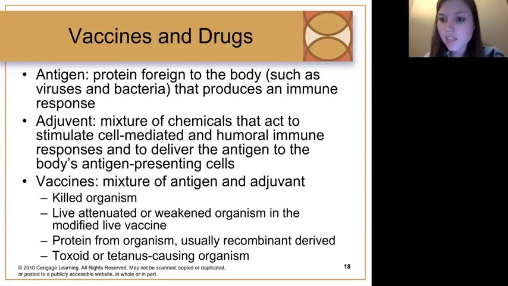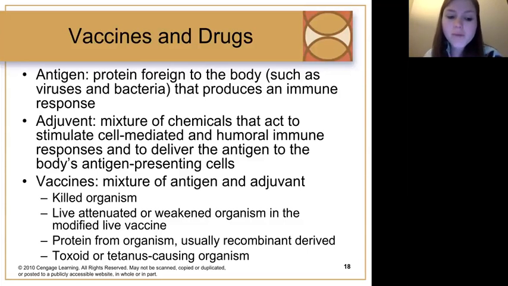If it's an organism that is really pathogenic and can cause disease very quickly and is hard to control, you obviously don't want to inject an animal or a person with the full version of that, let's say, virus. So a killed organism, even though it's killed, your body will still recognize it as foreign, and it will respond, and it will still remember that organism should you ever come into contact with the live version.